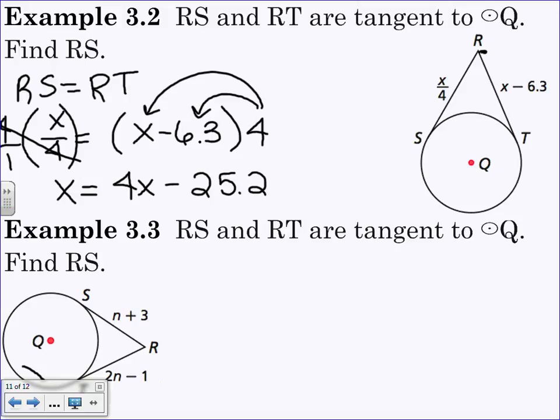So Ryan, what do I want to do first with this equation? Now we're not going to divide by 4. That'll put us right back to where we were before. We're going to subtract 4x from both sides.